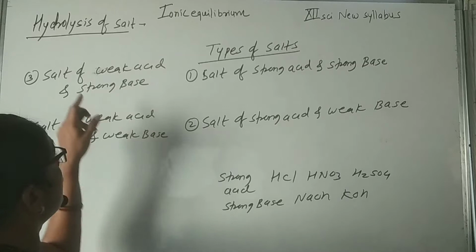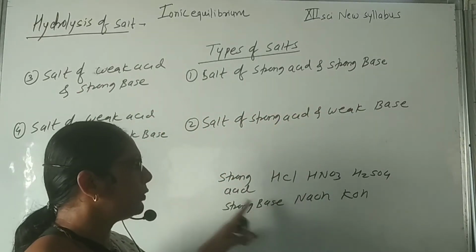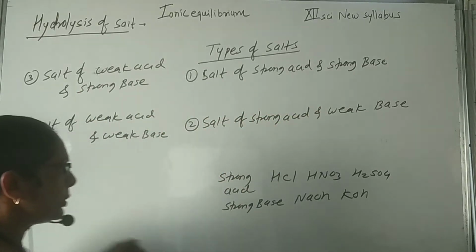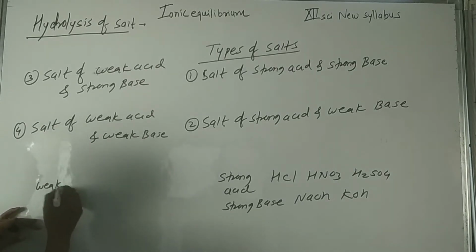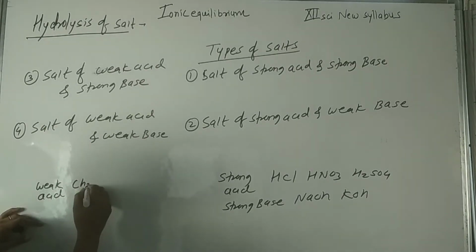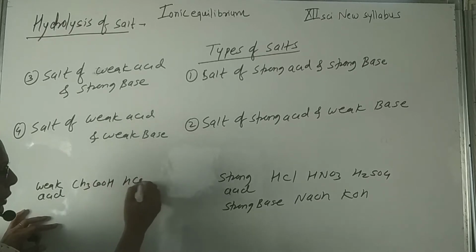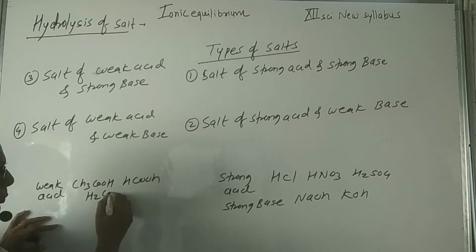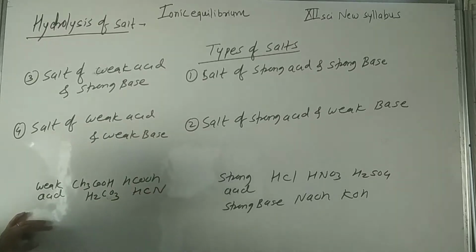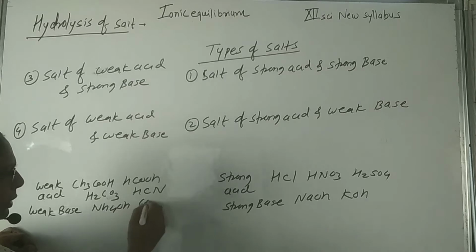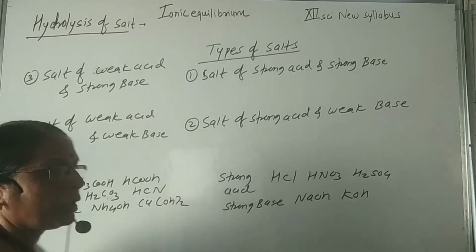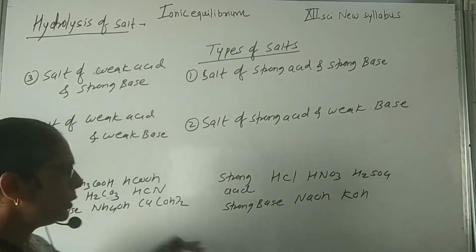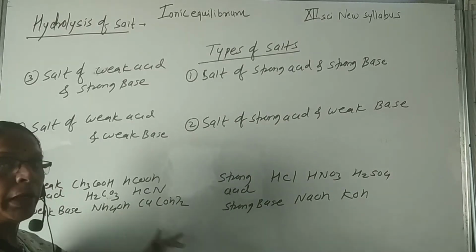We also require weak acids. Examples of weak acids are acetic acid, formic acid, carbonic acid, H2CO3, or hydrogen cyanide. The weak bases are ammonium hydroxide, and rarely copper hydroxide, but most extensively we use ammonium hydroxide.